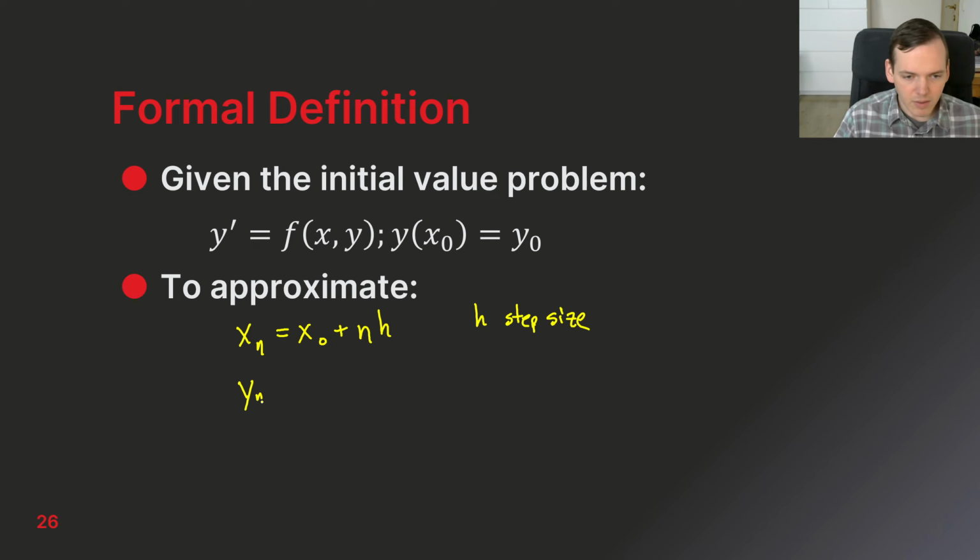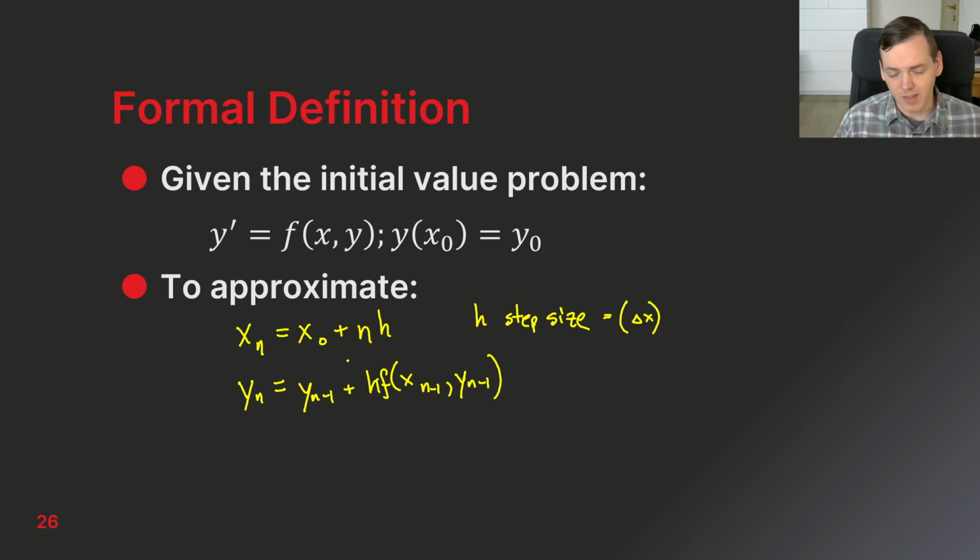And the nth y value is going to equal the n minus 1 y value, so the previous y value, plus h times f of x sub n minus 1, y sub n minus 1. This h is also equal to delta x, by the way, if you prefer thinking about it in terms of that.